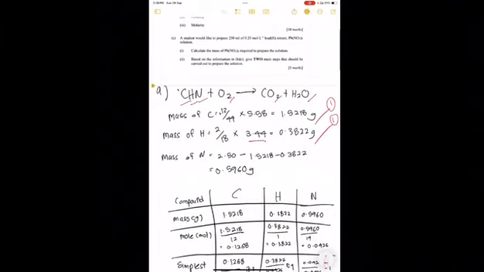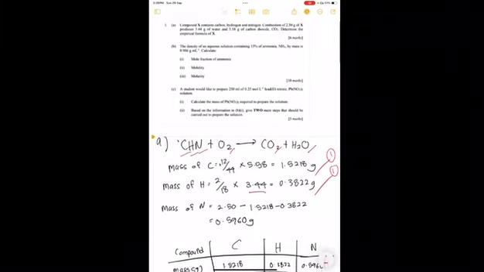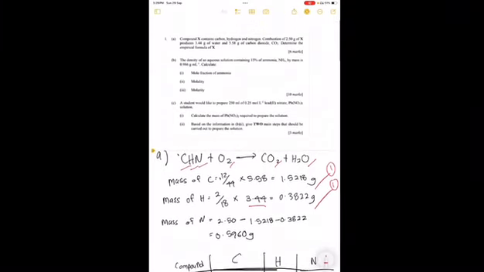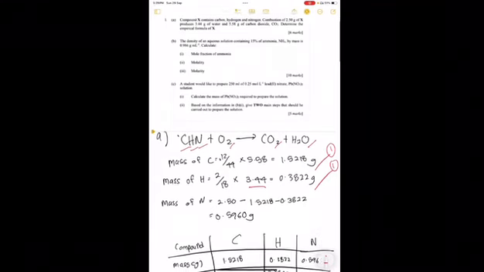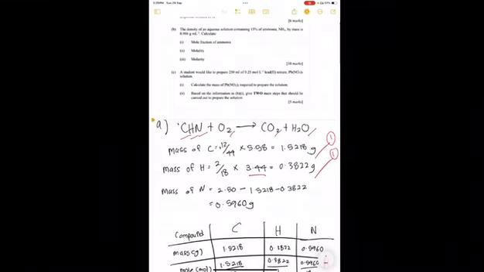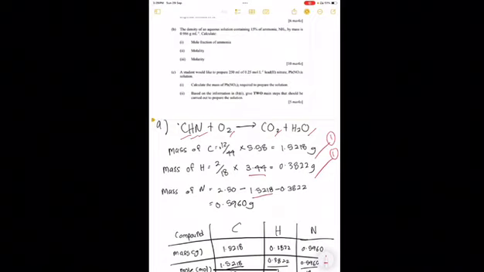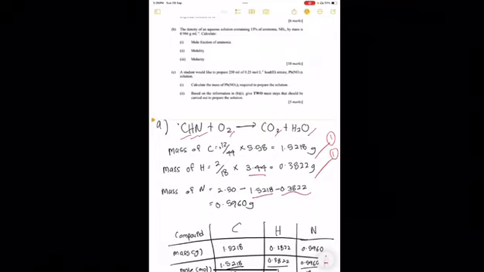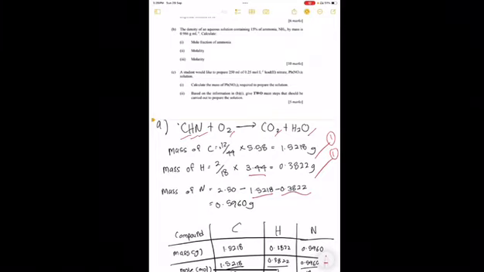Then lastly, we need to find the mass of nitrogen. Since we already got the mass of carbon and hydrogen, we just take the total mass, which is 2.5 grams, and subtract the mass of C and the mass of hydrogen. So we will get the mass of nitrogen is 0.5960 gram. So we will get 1 more mark over here.